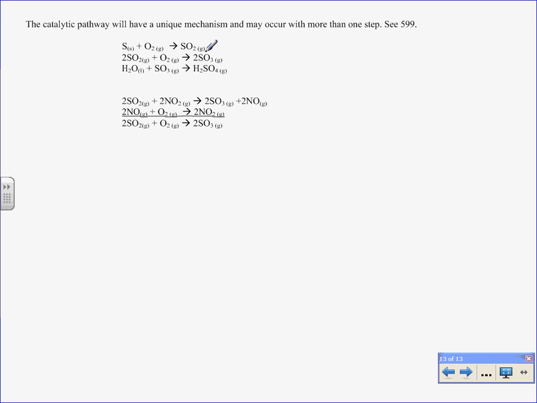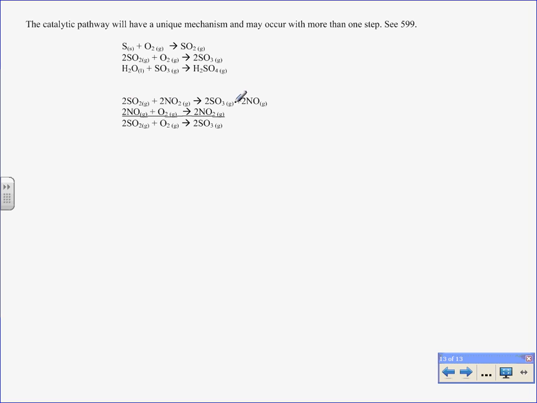By adding a catalyst of NO2 to this system, what happens is this second step, which is likely a slow rate determining step for this reaction, can be made quicker. And the pathway that it takes, rather than this pathway of SO2 molecules reacting with oxygen directly to form SO3, is this step. So the SO2 reacts with some NO2.